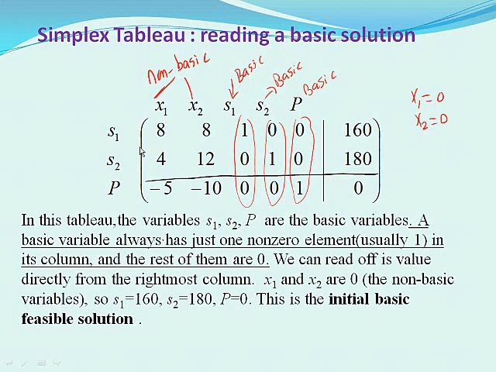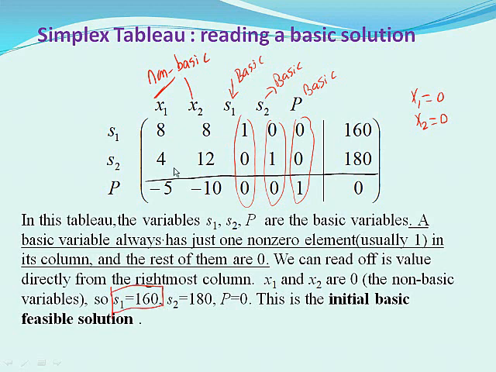If we read the first equation from the first row, 8x1 plus 8x2 plus s1 equal to 160. Notice that x1, x2 are already zeros. That gives you the value for s1. 1 times s1 equal to 160. So we get the value for one of the three basic variables.